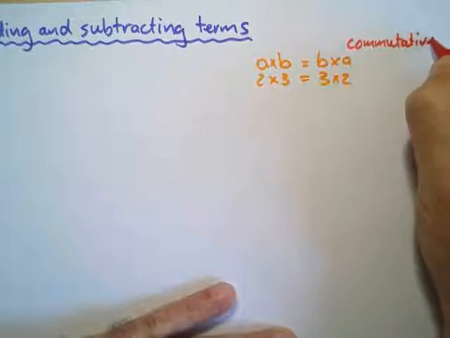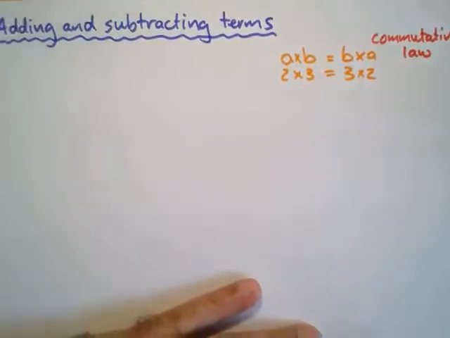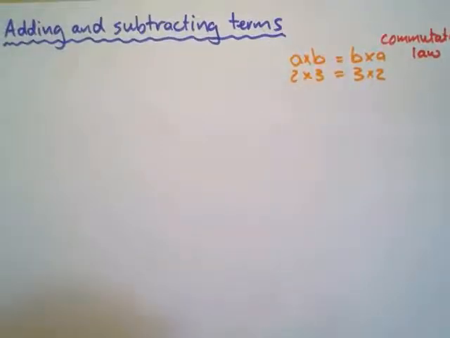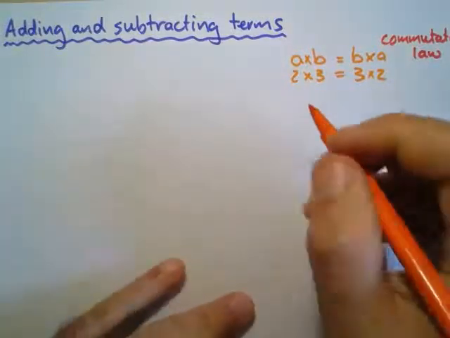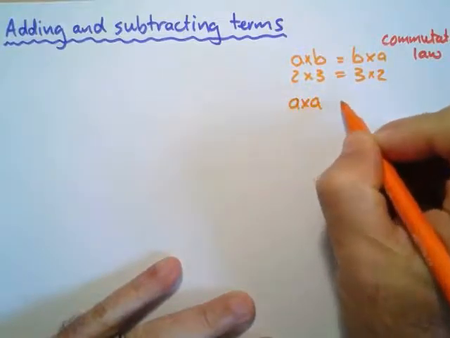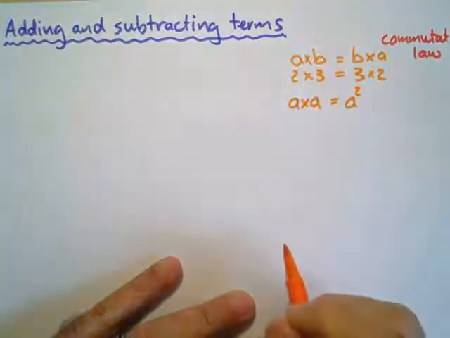Commutative law. So I can swap that around. I can say that A times B is the same as B times A. This is pretty important later on. What you also need to remember is if I have A times A, that gives me A squared.